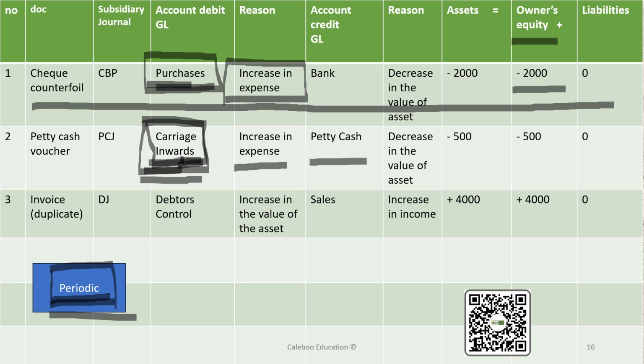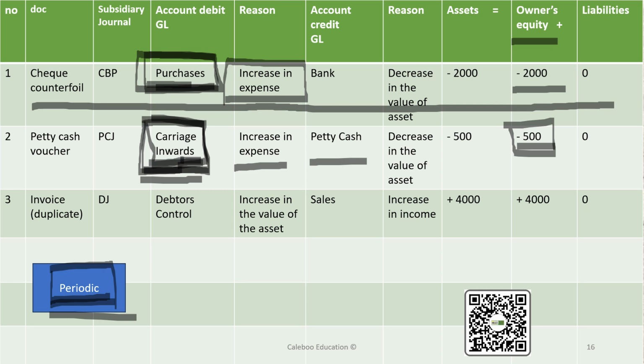We paid out of petty cash. What did that carriage inwards do to owner's equity? An increase in expense decreases owner's equity. So there's a big difference here in periodic. Purchases account is used when stock is purchased. Carriage inwards account is used for the delivery costs.